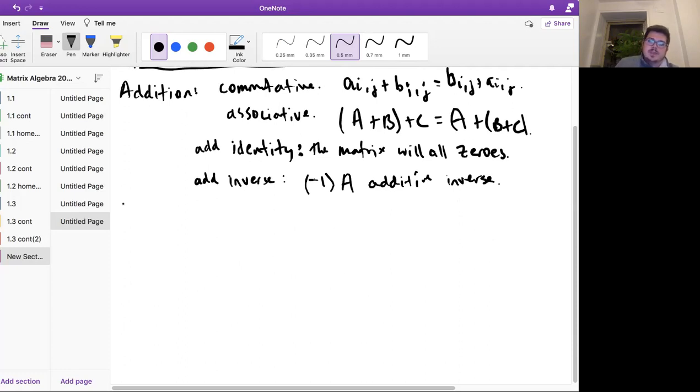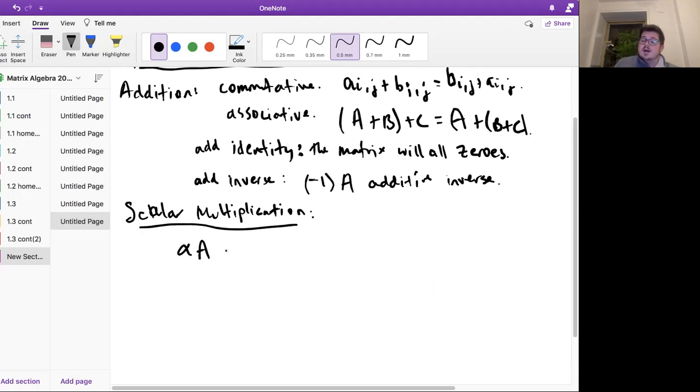Okay, so one thing we have is scalar multiplication. This means if you have a number times a matrix, what does that mean?